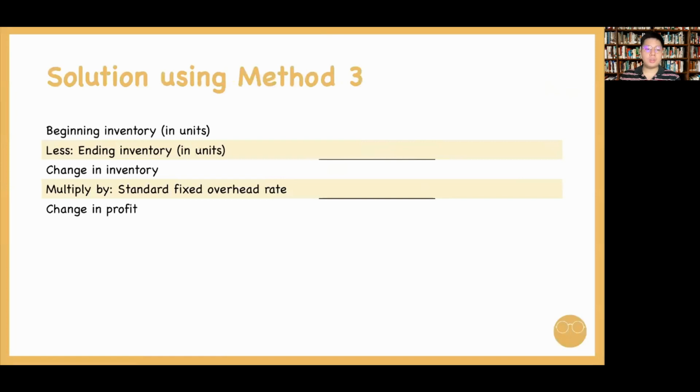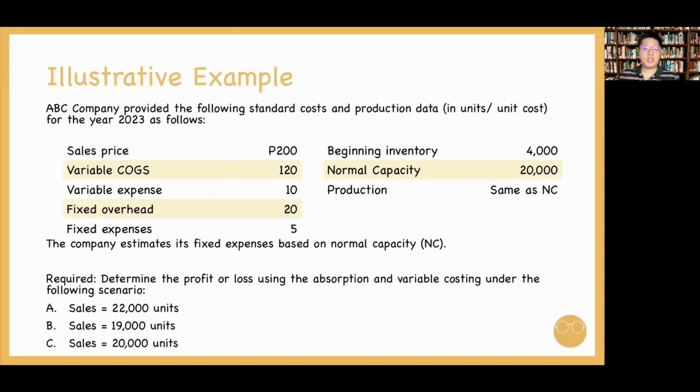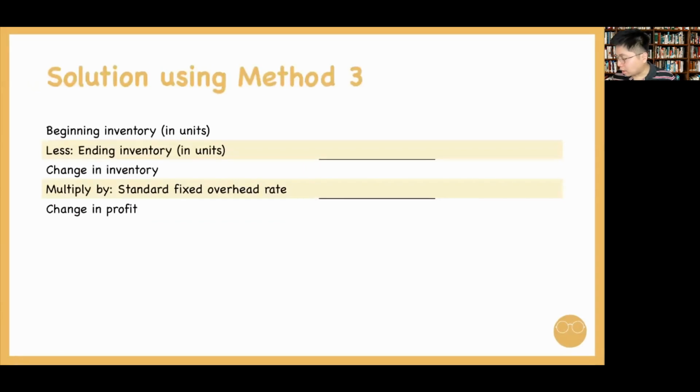Let us solve using method number 3, wherein we use the inventory in terms of units. Let us go back to the given from module 3.1.2. The beginning inventory is 4,000 units. Let's write it here, 4,000 units. Then let's have our T account for the inventory. With a beginning of 4,000 units, production increases our inventory by 20,000.